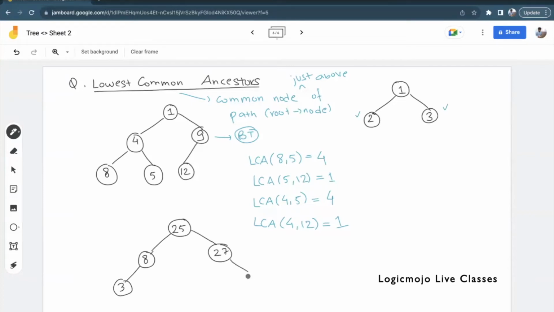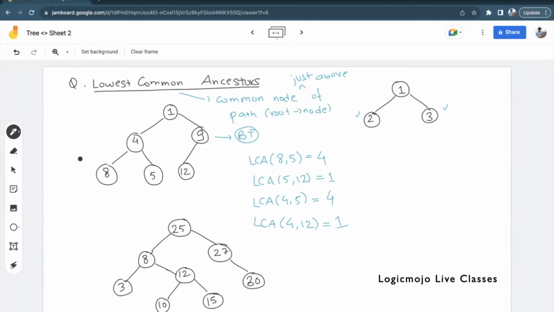And here we have 30. And this should be less than this, so just add a value greater than this and less than this. So we can add 12 here. And from here we can add a value less than this, which can be 10.